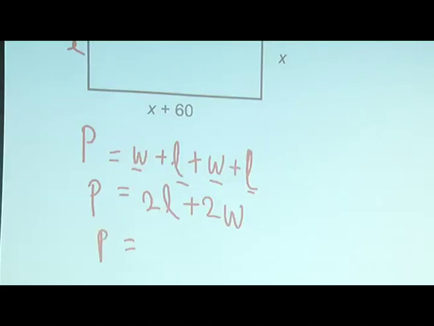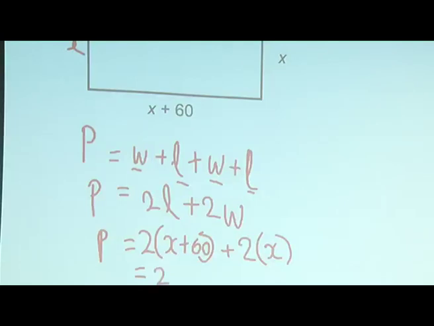We are going to say P is equal to 2 multiplying x plus 60, and then 2 is also multiplying W, which is our x there. Let's simplify and see how much we are going to get. That is 2 times x, because whatever is outside the bracket will multiply everything inside.